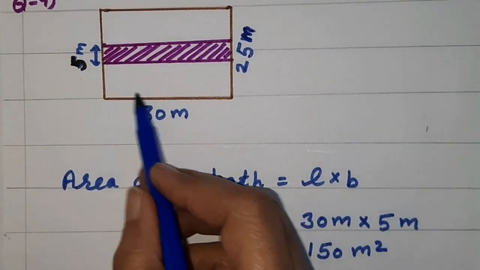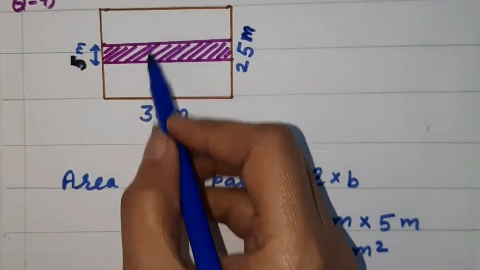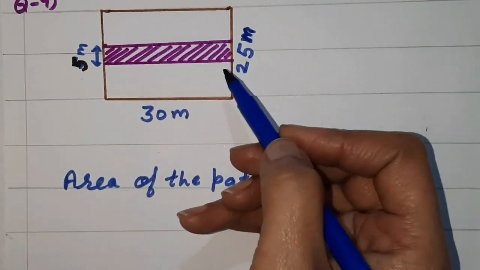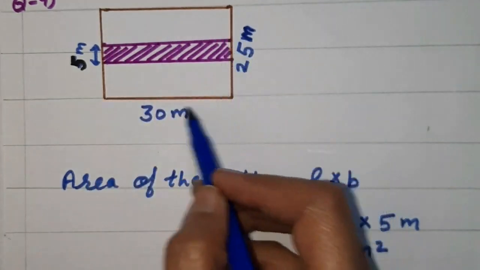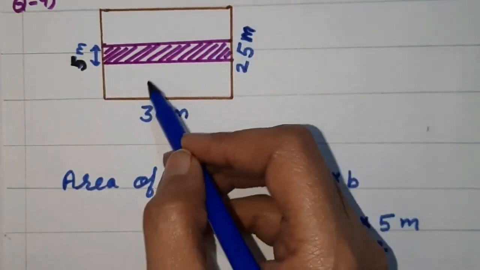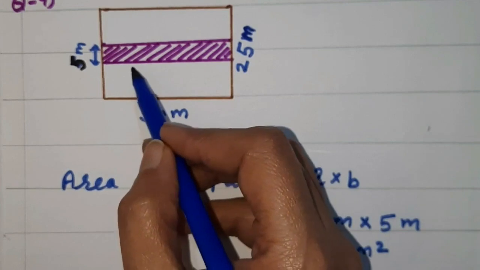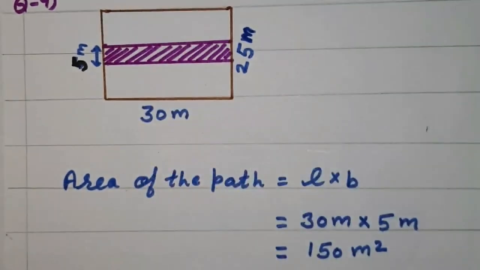Second question is find the area of the remaining plot. That means we have to find the area of the remaining plot. How can we find out? If we find out the area of the rectangular plot and then subtract the area of the path, then we will get the area of the remaining plot. Okay.